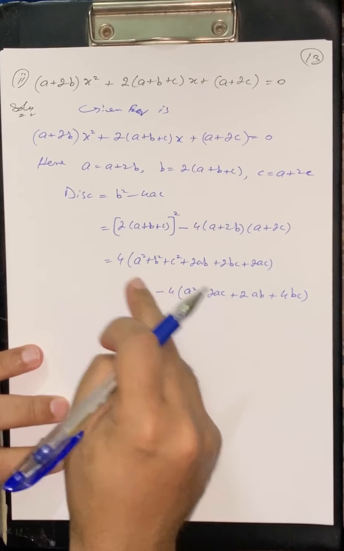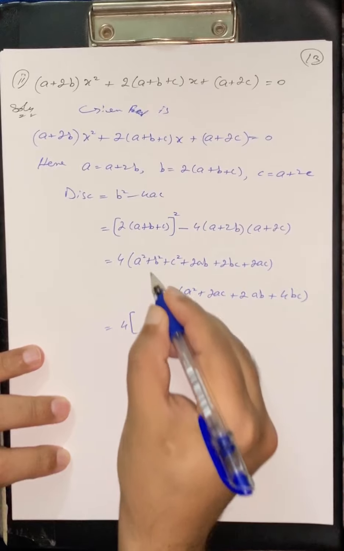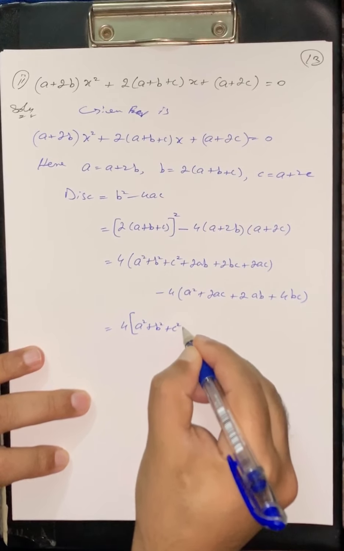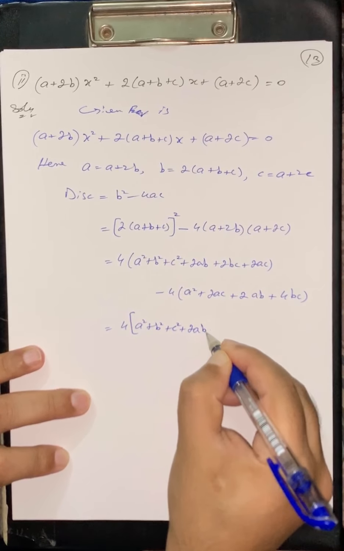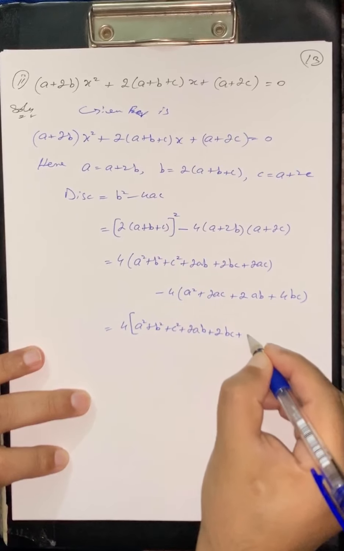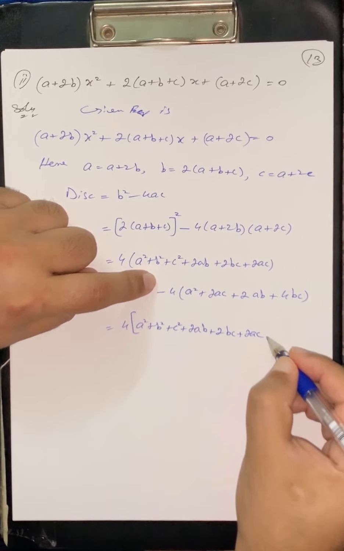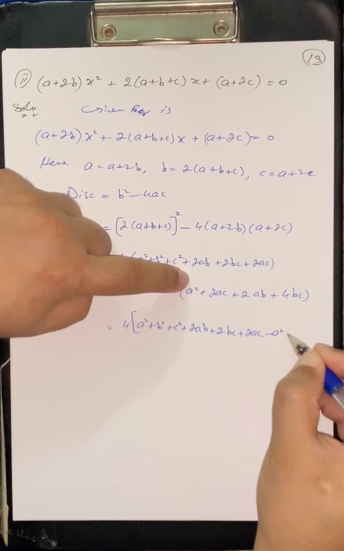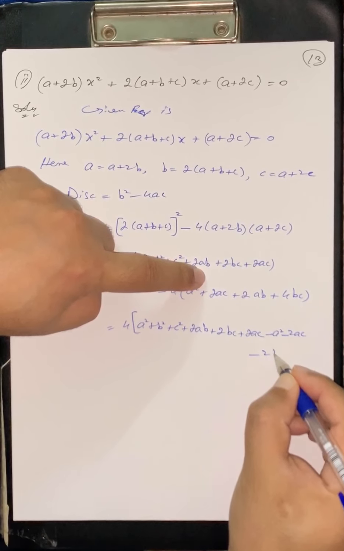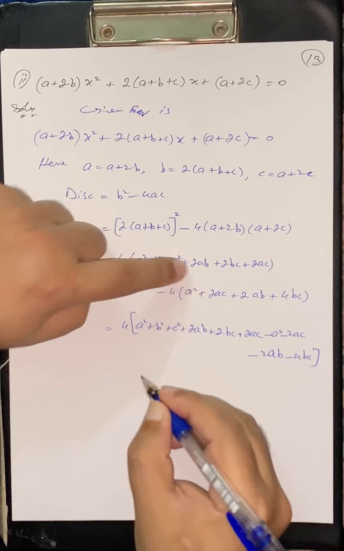Now from all these we take 4 common. So right here 4 common: a square plus b square plus c square plus 2ab plus 2bc plus 2ac. Now open this all: minus a square minus 2ac minus 2ab minus 4bc.